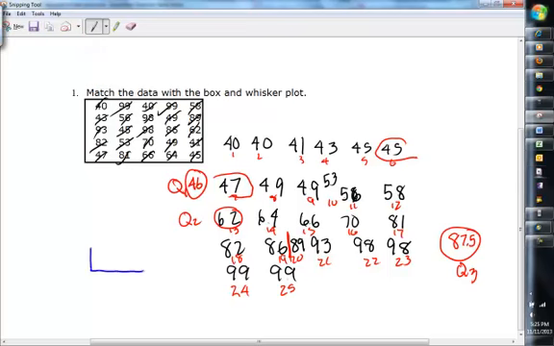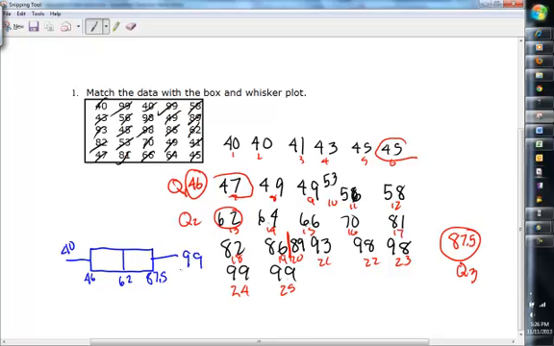So our box goes from Q1, which is 46, to Q3, which is 87.5, and Q2 is, I'm sorry, 62, which is almost halfway between them. And our whisker goes down to 40, and it goes up to 99.